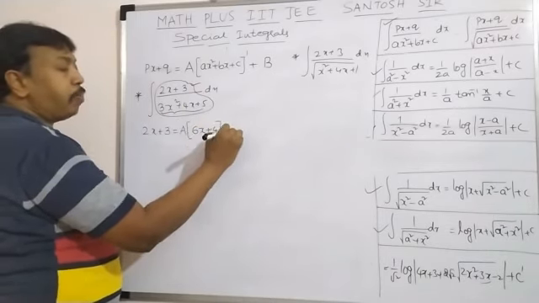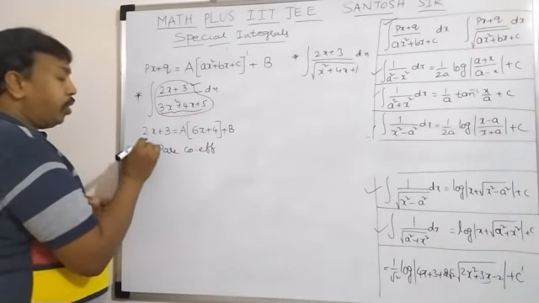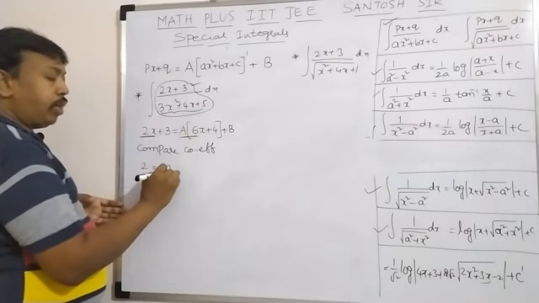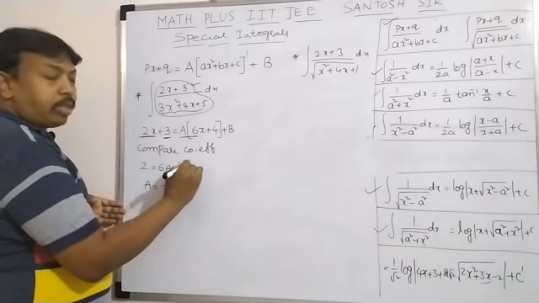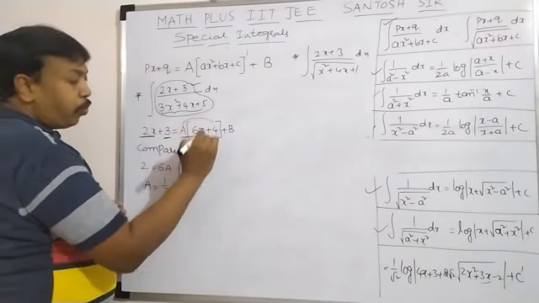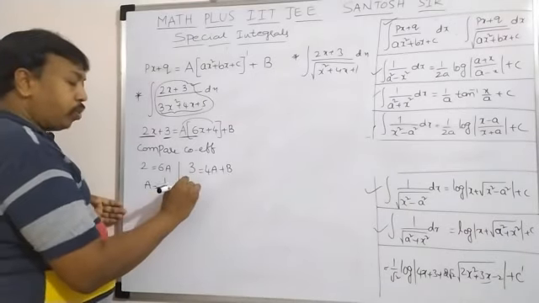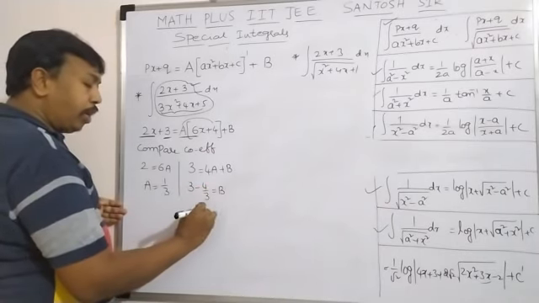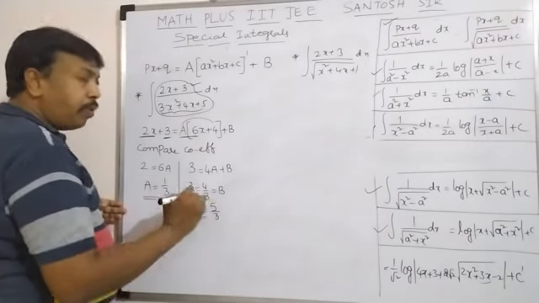Now compare coefficients on both sides. Here the x coefficient is 2, here the x coefficient is 6a, so we will get a value 1 upon 3. Here the constant term is 3, here the constant term is 4a plus b. So with a as 1 upon 3, 3 minus 4 upon 3 is equal to b. So you will get b value 5 upon 3. So this is the a value and this is the b value.